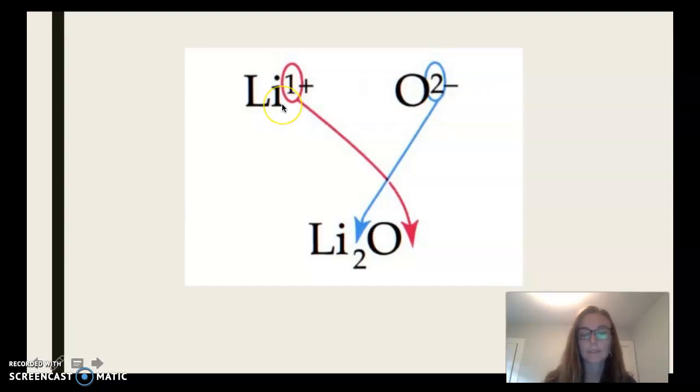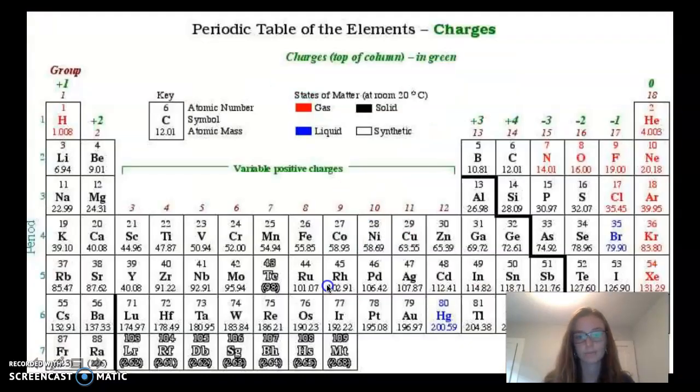Since this is a +1 charge, we're going to need 1 oxygen, and since this is a -2 charge, we're going to need 2 lithiums to get lithium oxide. How we can think about it is now we have one -2 charge and two +1 charges, because we have 2 lithiums. So our charges cancel out.